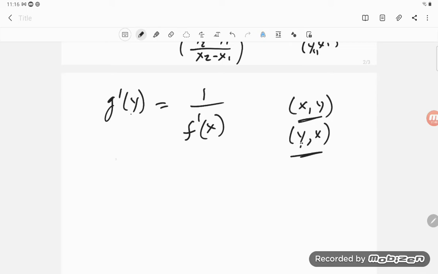So let me do a little more talking about that. G prime of y equals f prime of x, for y equal f of x.